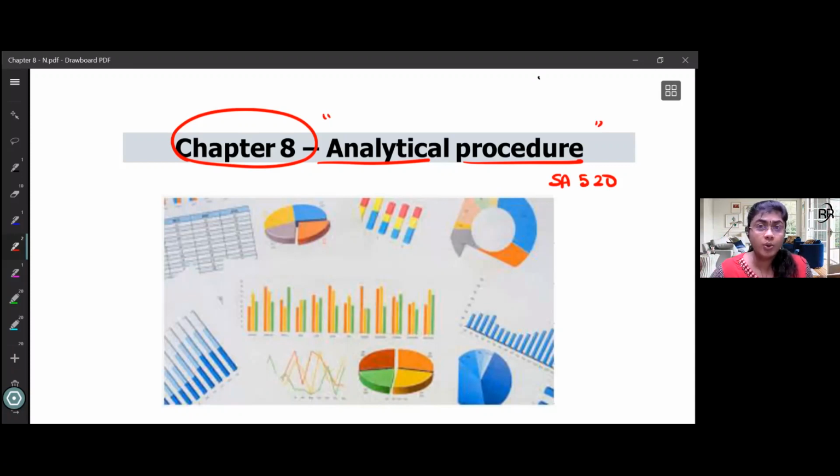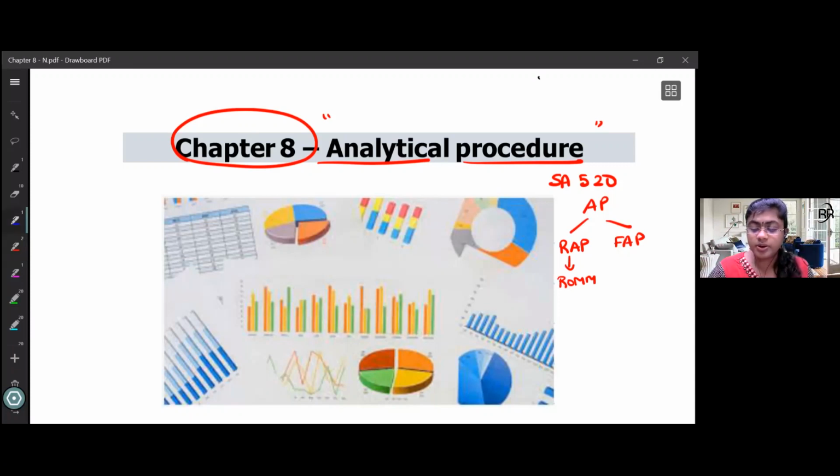Before starting the questions as such, let me give you a very quick recap. Audit procedures are broadly divided into RAP, risk assessment procedures, and FAP, further audit procedure. This RAP, risk assessment procedure, we do to identify and assess ROMM, risk of material misstatement.